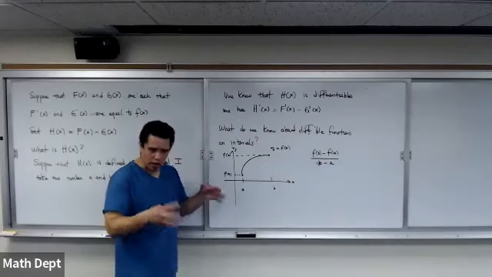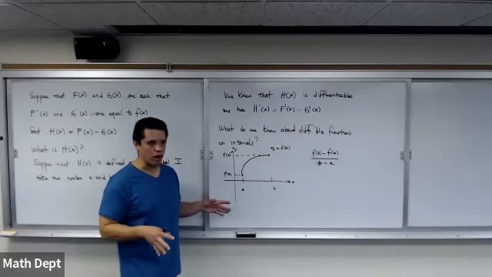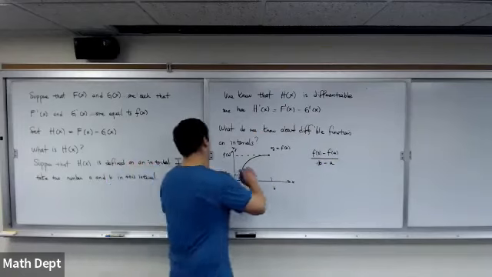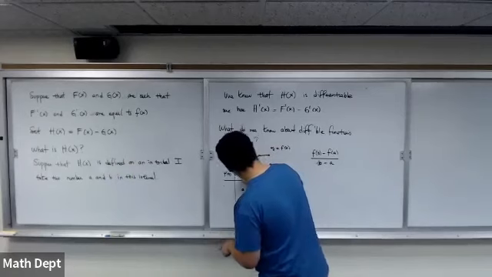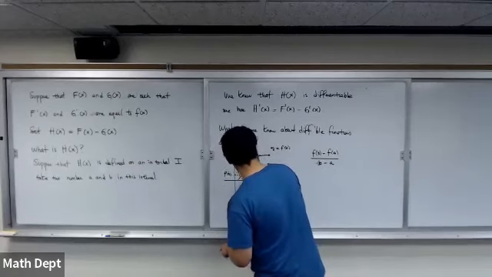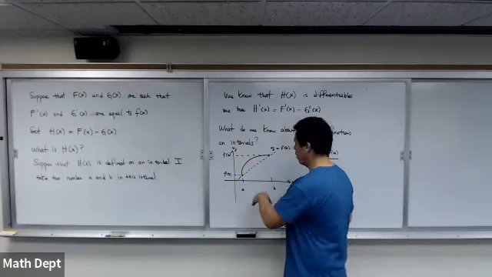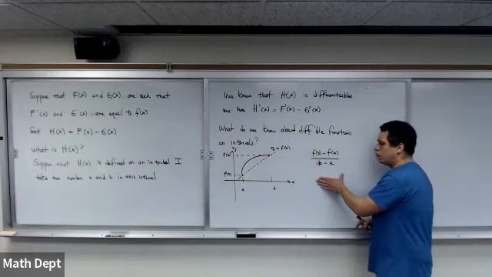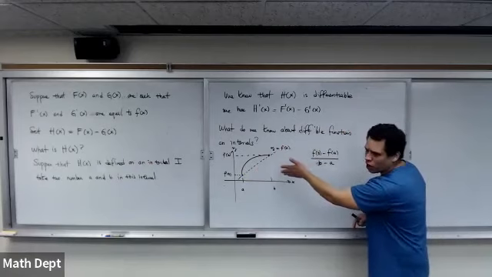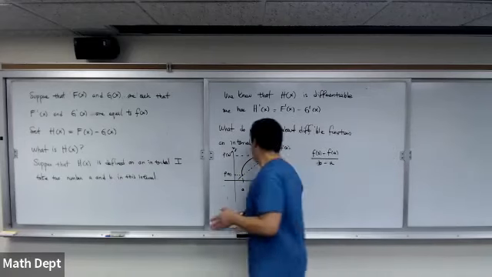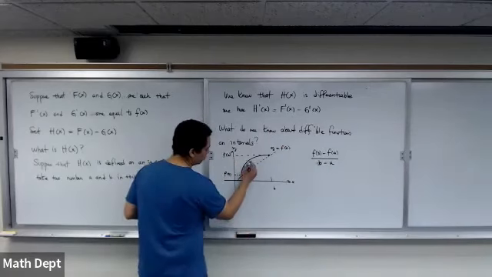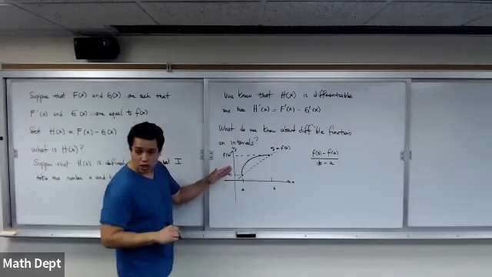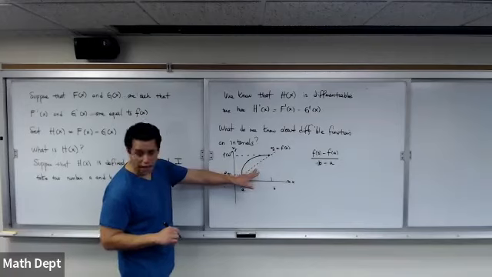I'm just bringing a picture so that we can have some geometric intuition of what's going on here. So what happens is that if I draw the secant line joining these two, the slope of the secant line that I have here is exactly this quotient. But just looking at the picture here, you can see that there should be another point somewhere here for which the tangent line is parallel to the secant.